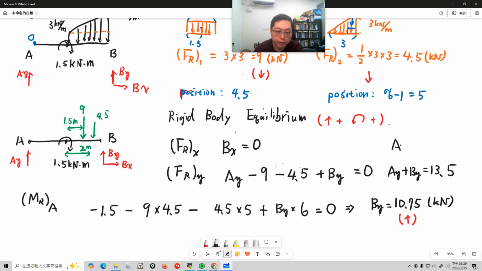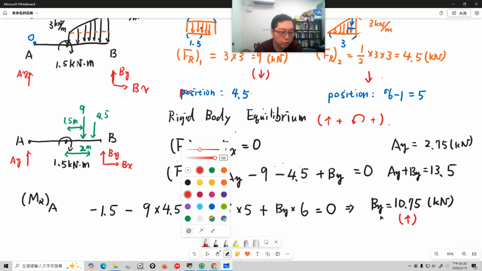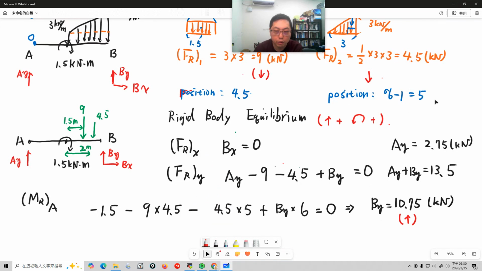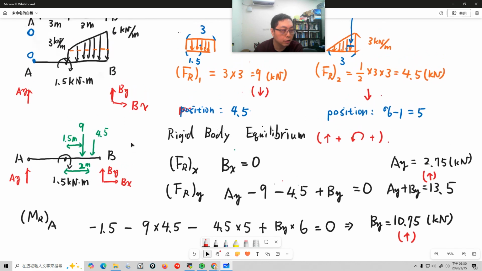What's Ay? Check by yourself. Ay is 2.75 kilonewton, and since we initially assumed it points up and got a positive value, it really points up. So we solved the reaction forces under this loading.